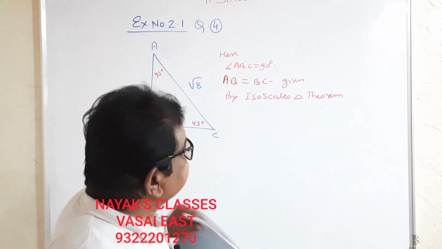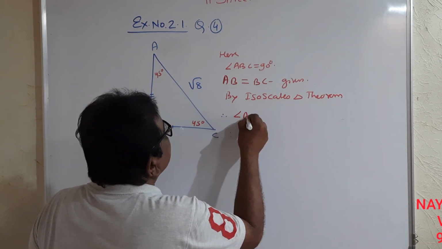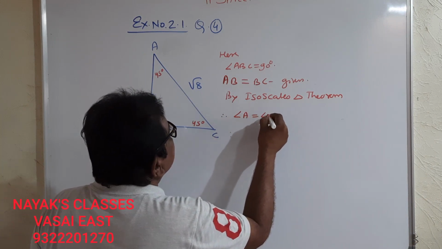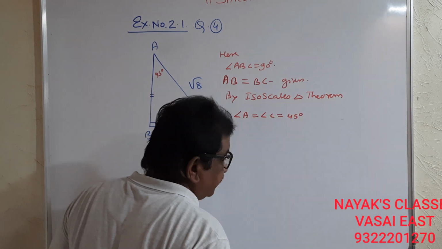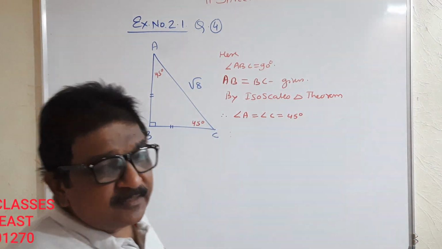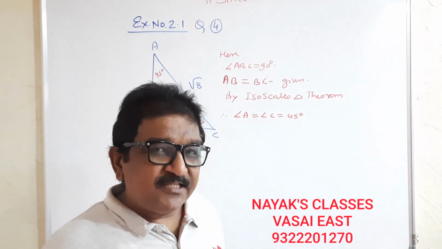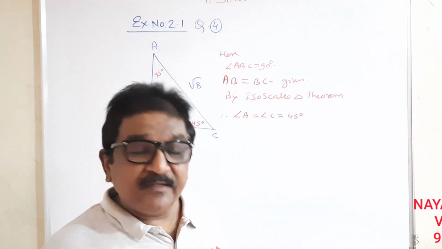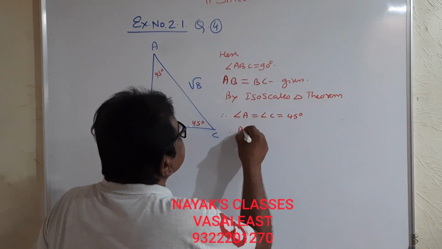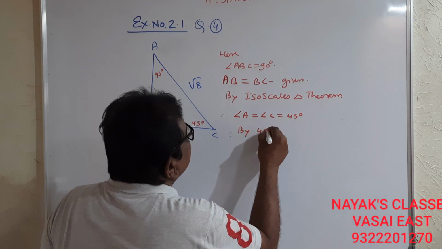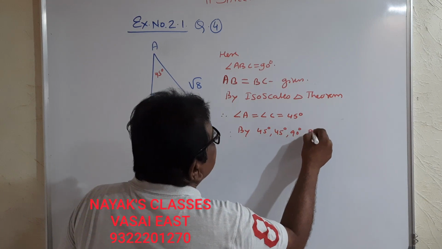We have studied this. Therefore, angle A is equal to angle C is equal to 45 degrees. When we got the hint that the angles are 45, 45, 90, the property is the 45 degrees, 45 degrees and 90 degrees property.